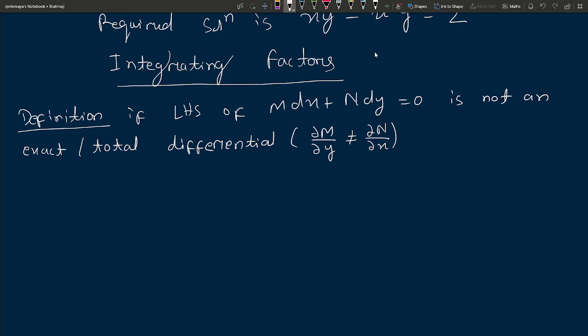As far as you know till now, exact means del M by del y equal to del N by del x, and not exact means del M by del y is not equal to del N by del x.